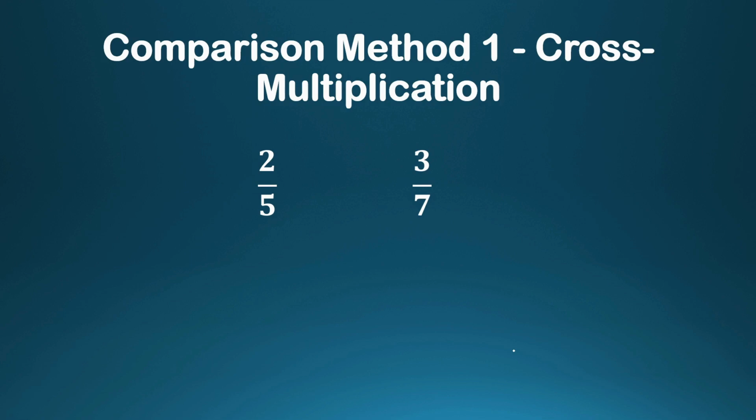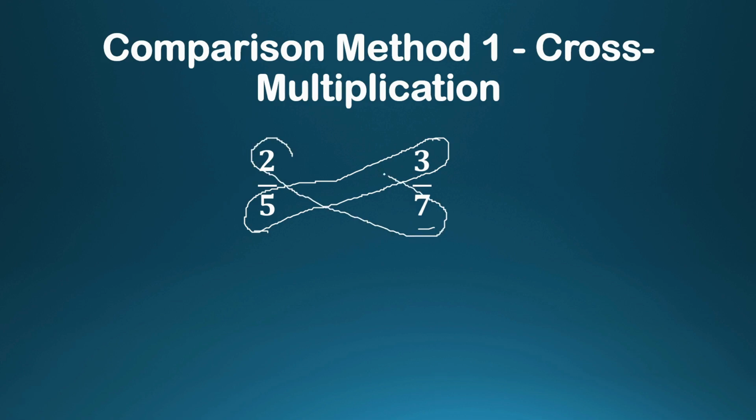We have two powerful methods. Method 1 is the quickest, the cross multiplication method. Now, how do we do this when we have to compare these two fractions? This is also known as the butterfly method, where we multiply the numerator and the denominators of the two fractions, like this.